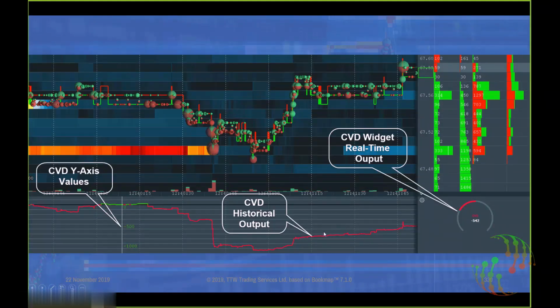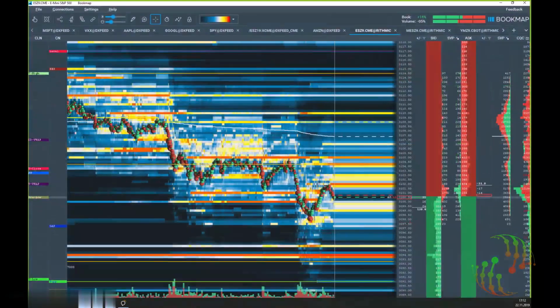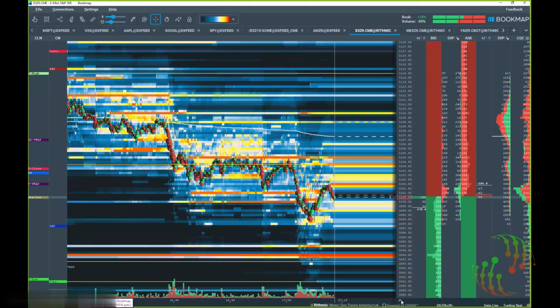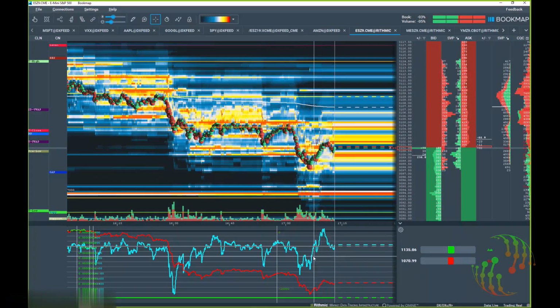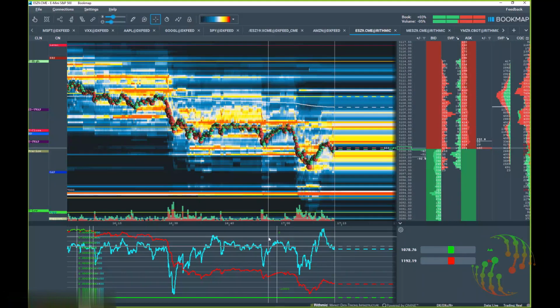So in your Bookmap, you have the y-axis values here, displayed by the thin white line. You have the historical output here, and you have the CVD widget that's displayed here. So this is the widget area, and this is the y-axis, the numbers of the indicators based in this area.